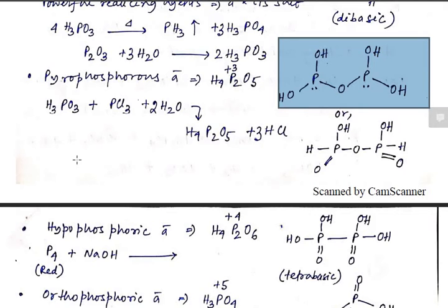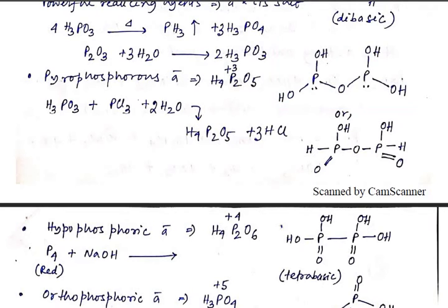For the synthesis, if I have H3PO3, the orthophosphorus acid, and it reacts with PCl3 and water, it will give pyrophosphorus acid, that is H4P2O5.